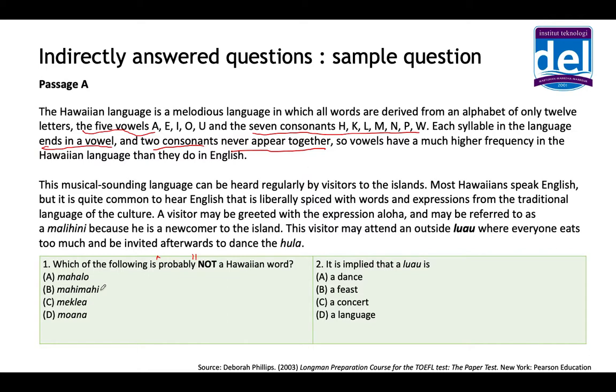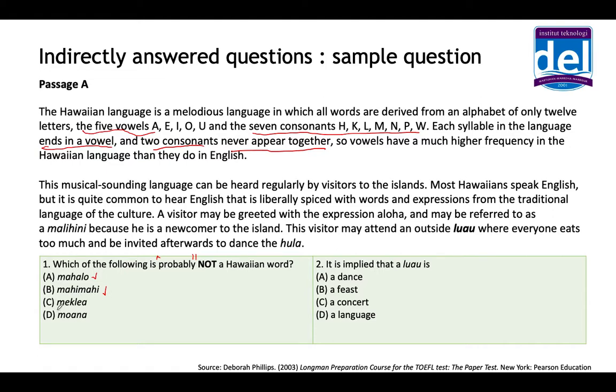So we can check the options one by one. For option A, it says mahalo. If we try to match mahalo with these characteristics, the 5 vowels, ending in a vowel, and 2 consonants never appearing together, the characteristics match with this word. What about option B, mahi mahi? It ends in a vowel as well, and there are no 2 consonants appearing together here.